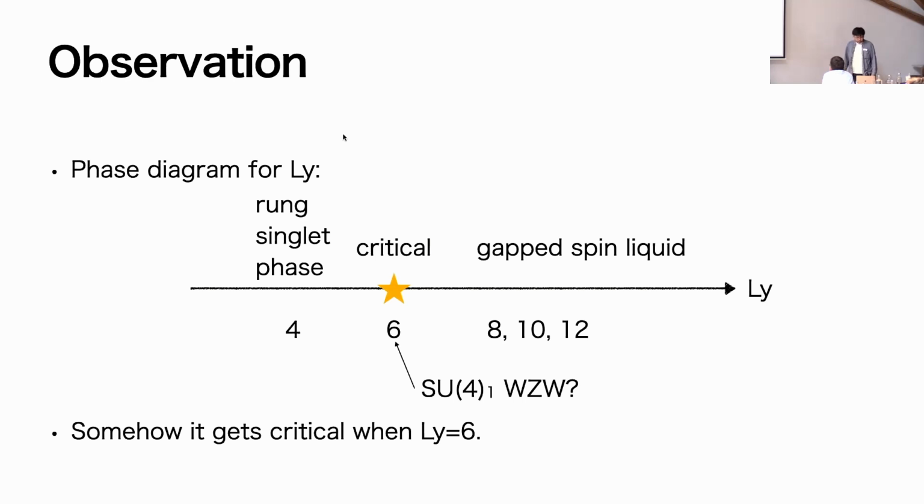I mostly focused on the cases larger than 6 because these phases are more interesting, but it is very important that we already found a rich phase diagram for the same model with different circumferences of the cylinder.